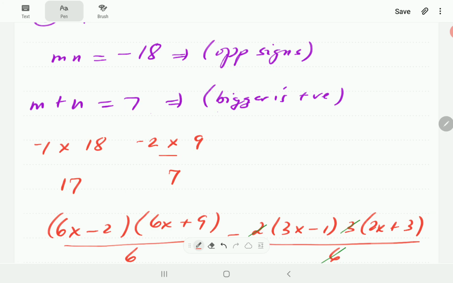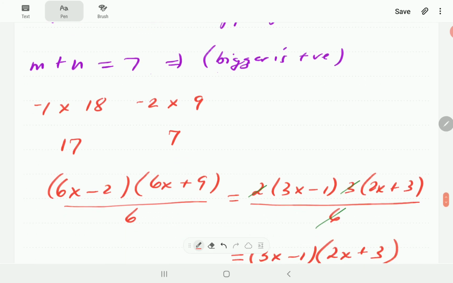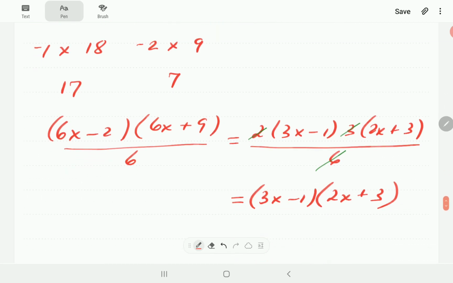So then 2 goes with 9, that adds up to 7. So we've got 6x minus 2 into 6x plus 9, which is these two numbers. Then we factorize and cancel, so the final answer is going to be 3x into 3x minus 1 into 2x plus 3.